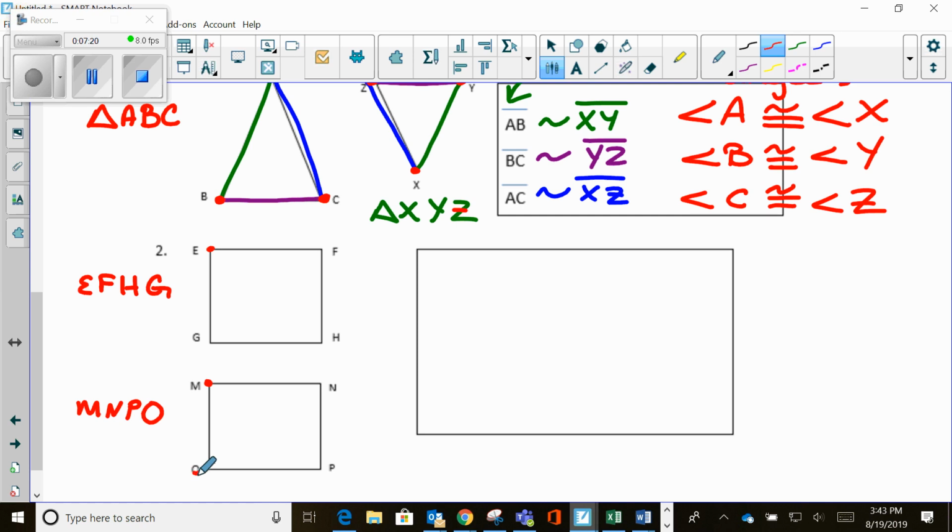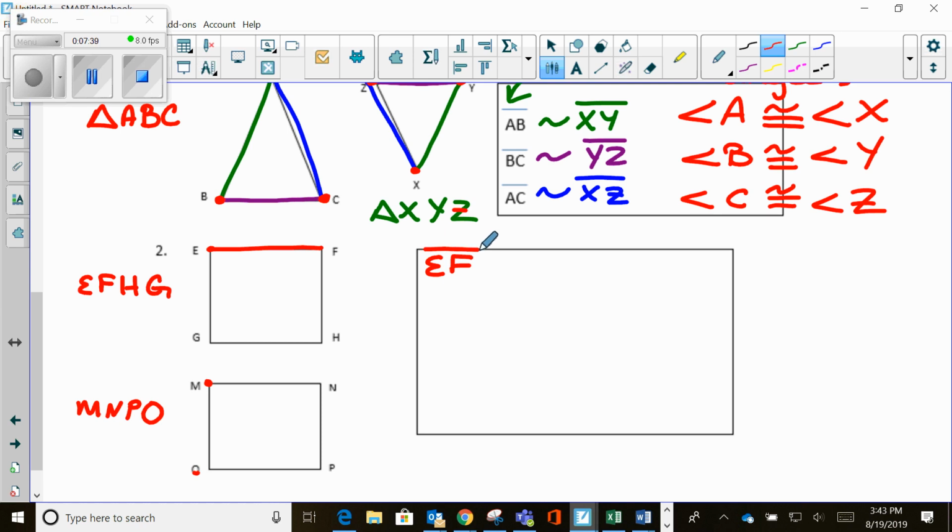I just kind of cut off the O at the bottom there. So we need to identify our corresponding sides. Corresponding sides are what? Similar or congruent? Similar. So, side EF, I'm going to name that EF and put a line on the top.